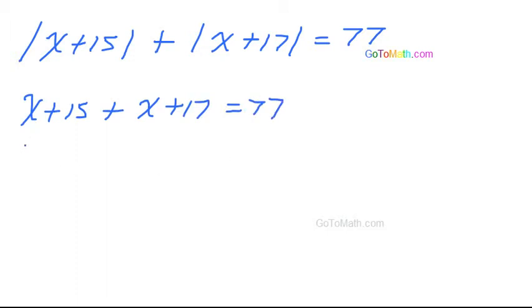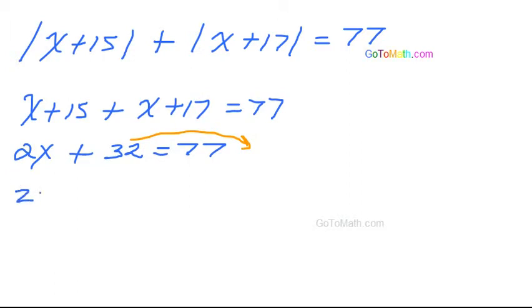Collect up your like terms. We got 2x plus, and then of course 15 plus 17 is, what is that, 32? Yep. Bringing that 32 now over to the right hand side. So that becomes 2x is equal to 77 minus 32.